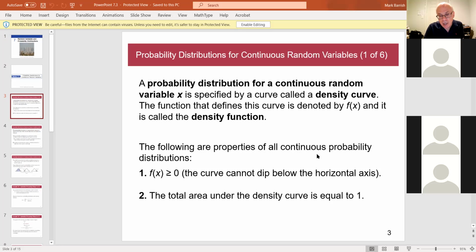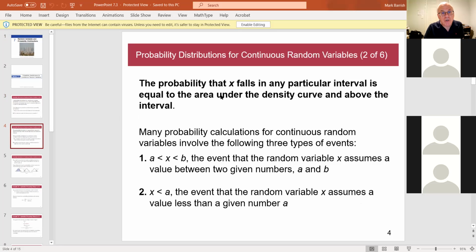For those of you who didn't take calculus, don't need to worry about it. For those of you taking calculus, you'll understand what area under the curve means. Well, for these particular functions, the area under the curve has to be equal to 1. Otherwise it's not a density function. It has nothing to do with probability. It has to be equal to 1.